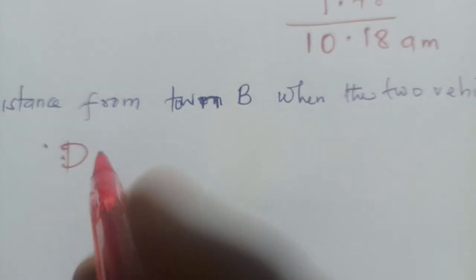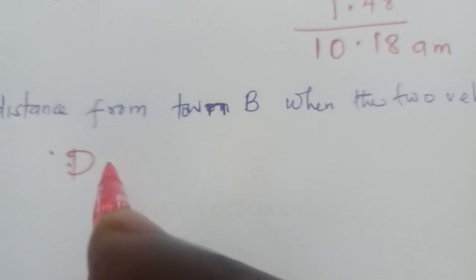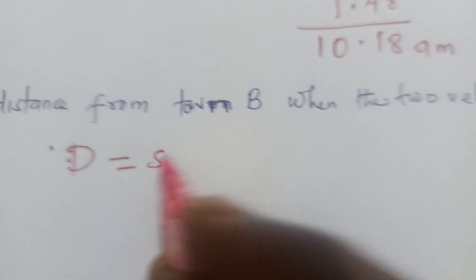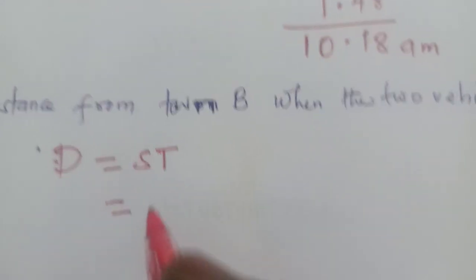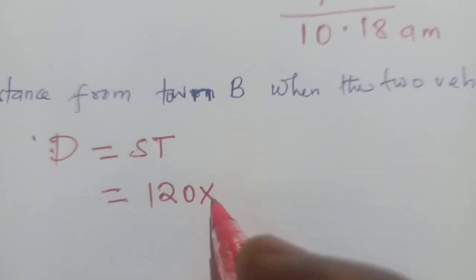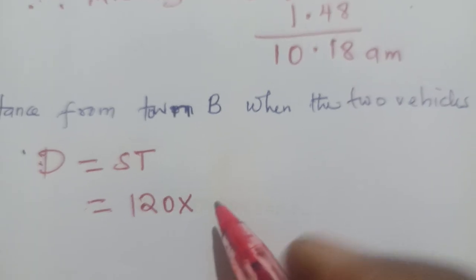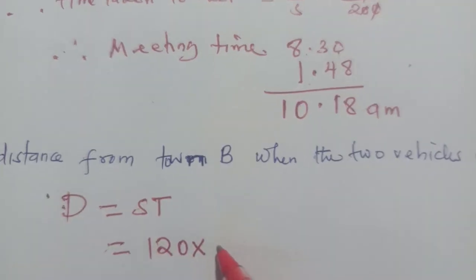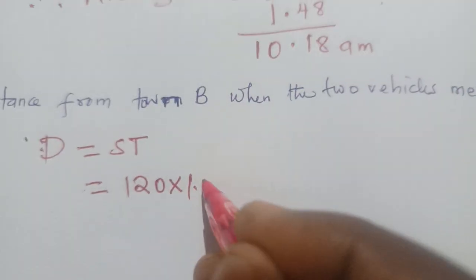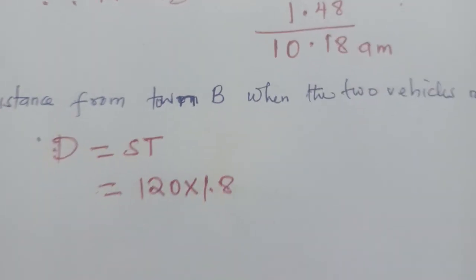So in this case, the distance from town B will be, of course, distance is speed times time. Now we take the speed of the car, which is coming from town B, which is 120, times the time, which is 1.8.